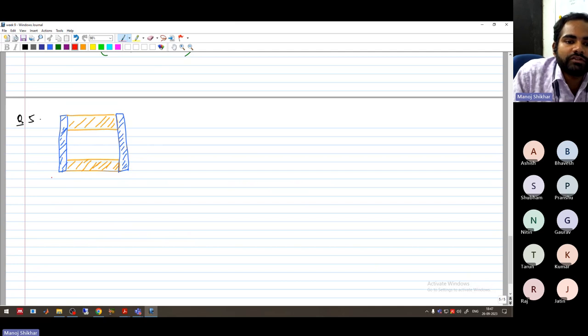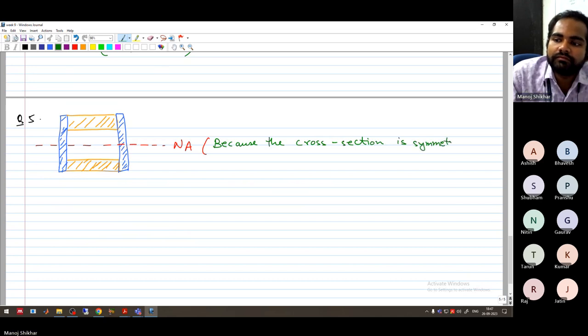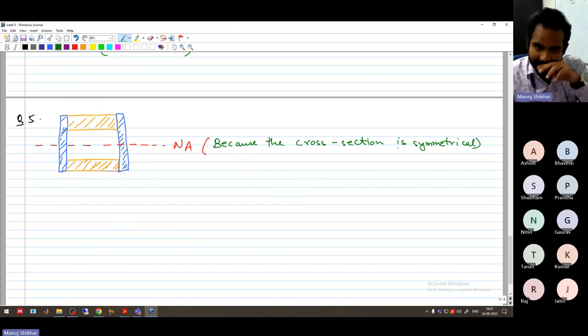So we know one thing for sure, that the neutral axis will be the mid horizontal line of the cross section. So this is our neutral axis. Why? Because the cross section is symmetrical with respect to geometry as well as the material distribution.